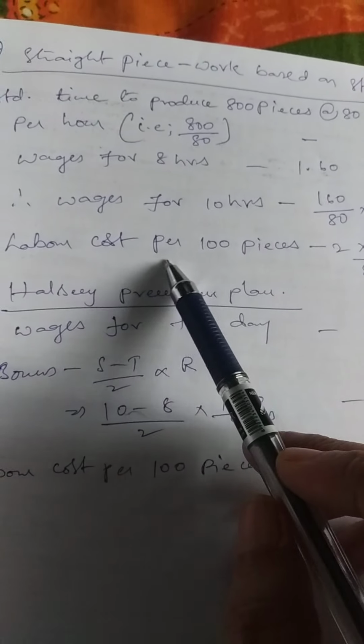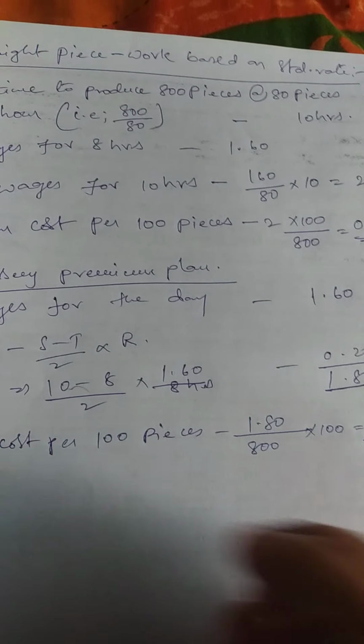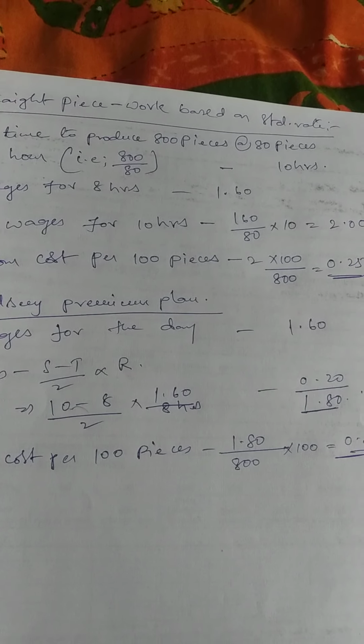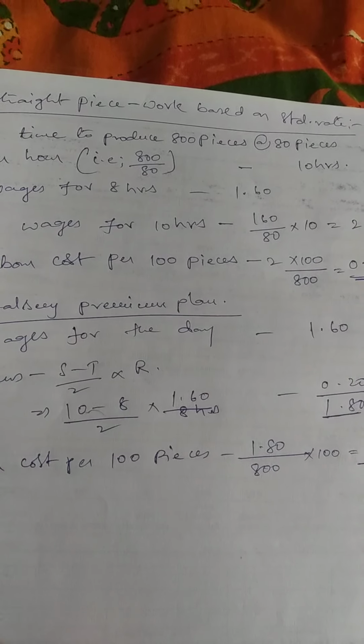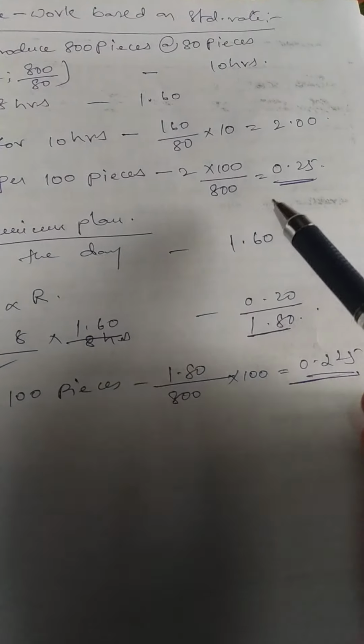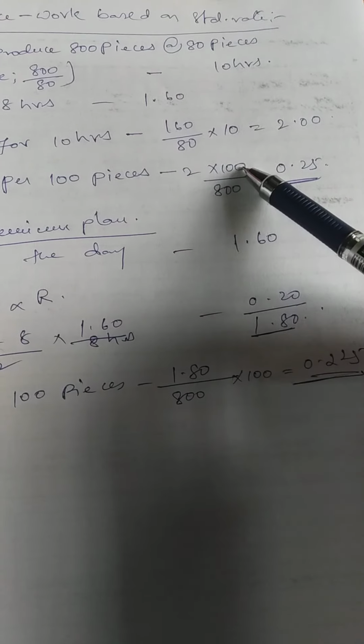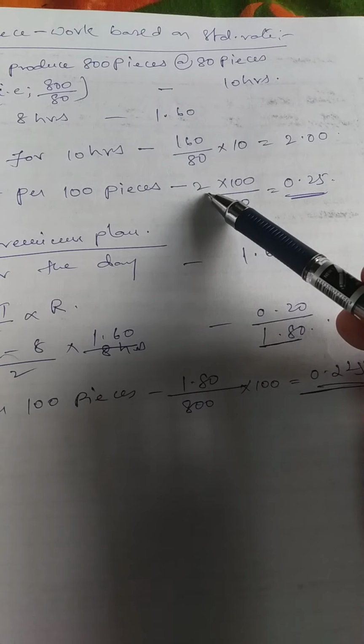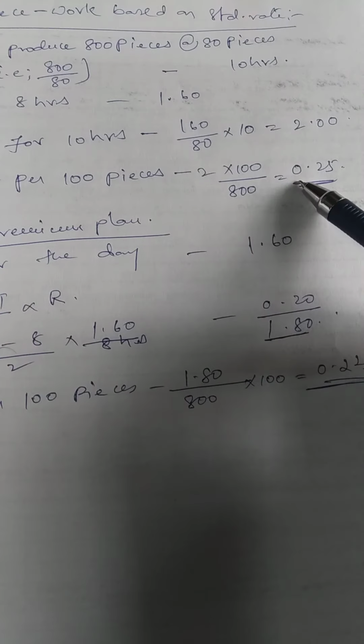And the labor cost per 100 pieces: in the problem it was asked what will be the labor cost if 100 pieces are produced. For 800 units it is 2 rupees, for 100 units it will be 0.25.